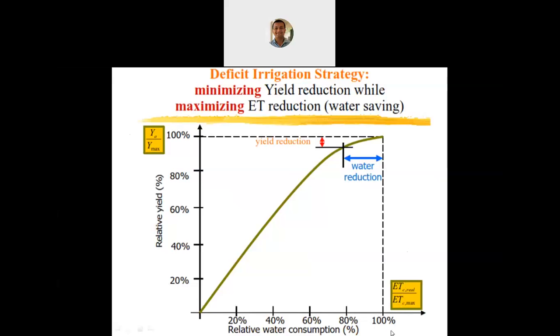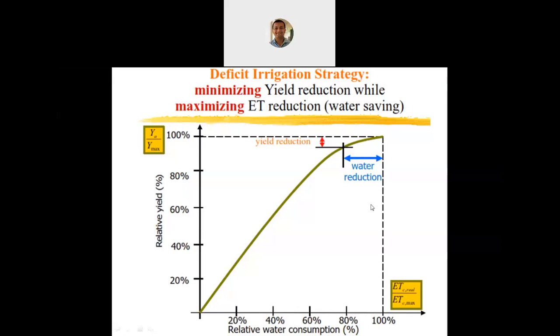As we know, if we supply the sufficient amount of water required by the crop, that means at maximum crop evapotranspiration, we can gain maximum yield, while at the actual crop evapotranspiration, we get the actual yield. So 100% of ETc max gives us the maximum yield.